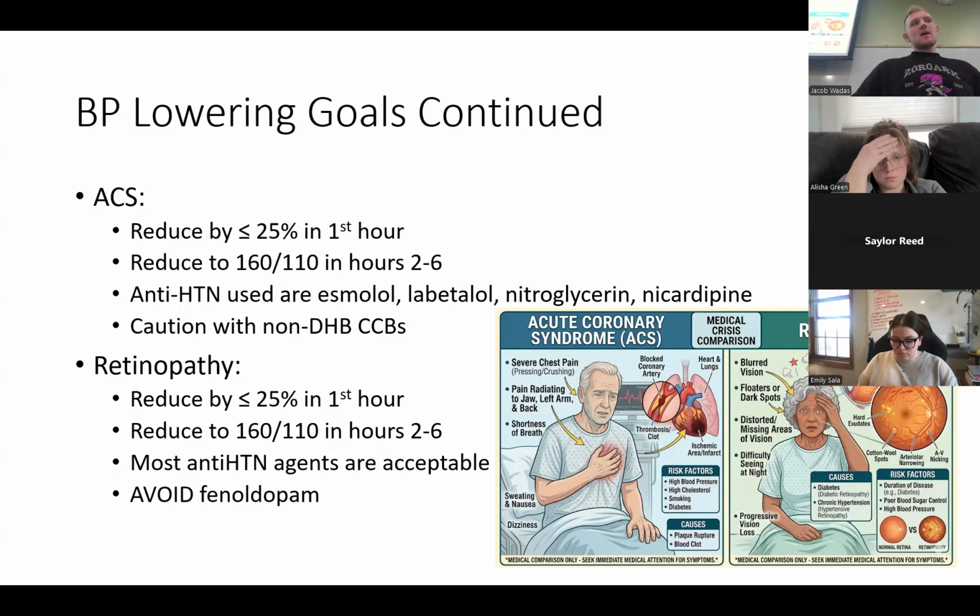When it comes to situations where we can use multiple drugs, they might give you multiple potential correct options, but there will be something in the patient case that rules out one of the options. So if there is an option for labetalol and nitroglycerin, what might be something included that would rule out nitroglycerin?